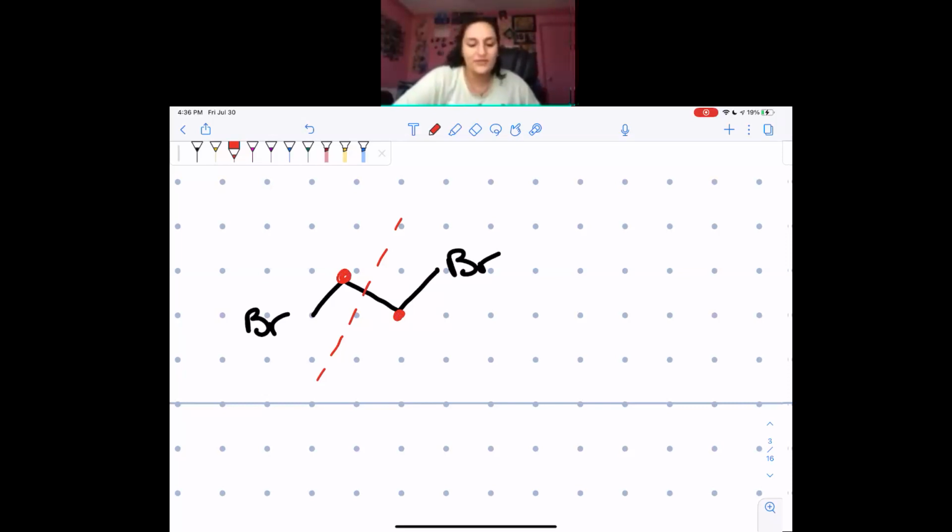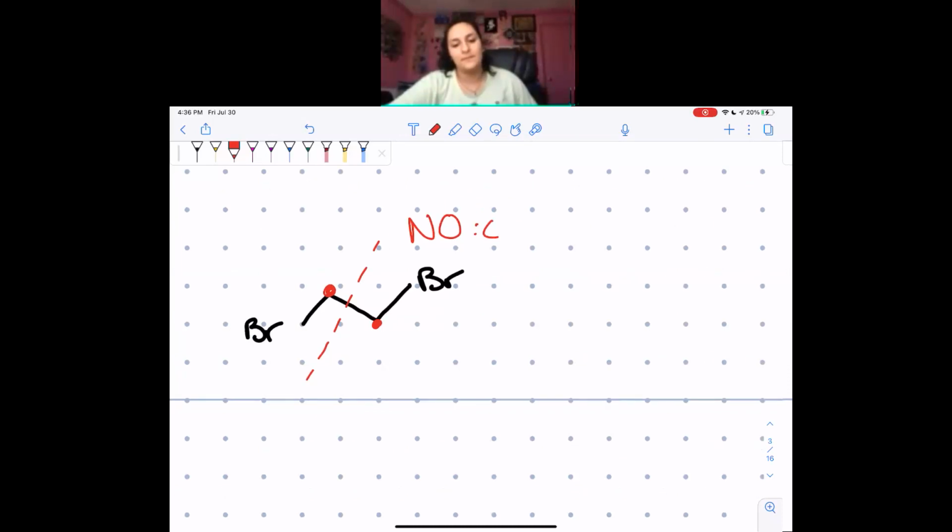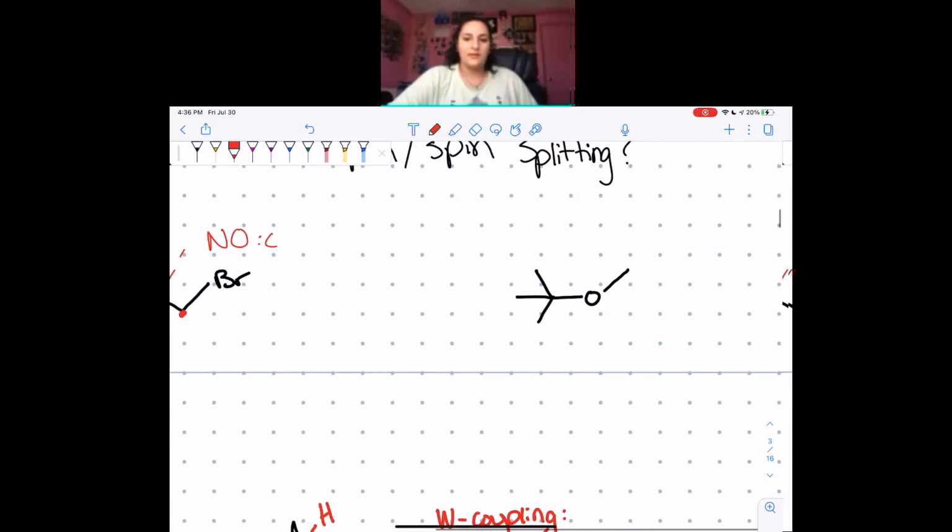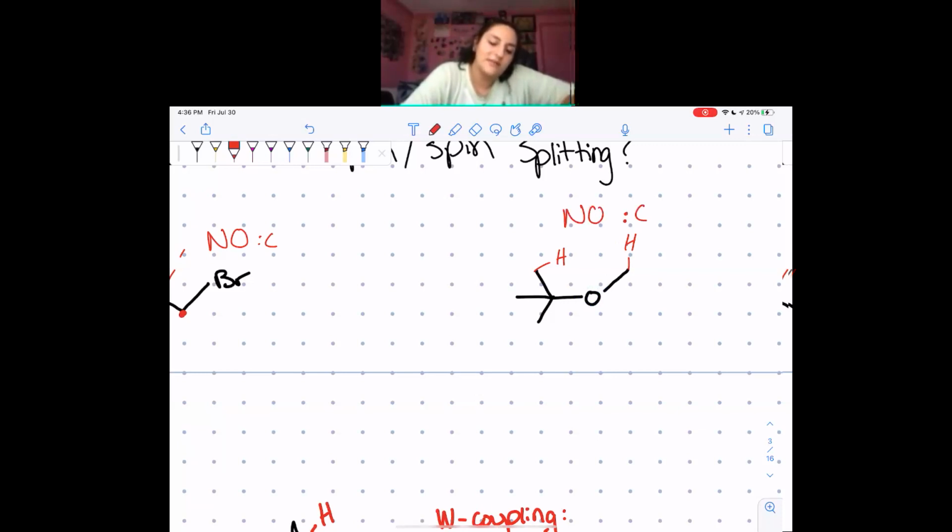Since they are the same hydrogen, they cannot split one another. So no, this one does not show spin-spin splitting. Lastly, we have this guy, and he's kind of similar to the first one that we did, except now there's no hydrogen here because it's completely substituted. So this H and this H cannot reach each other. They're too far apart, and there's an oxygen in between. Therefore, this cannot have spin-spin splitting.